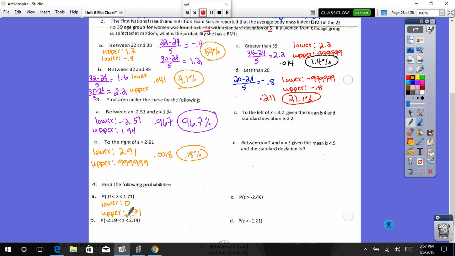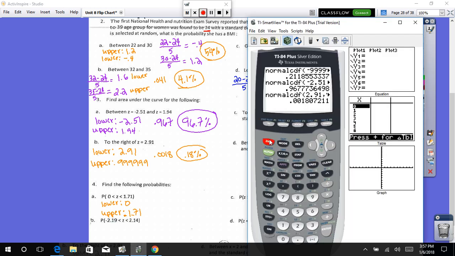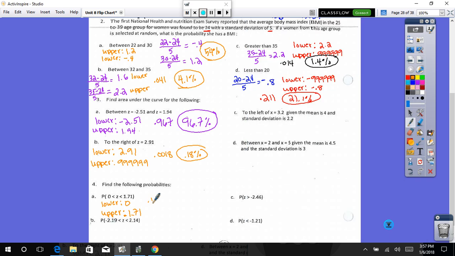The decimals got a little wonky there. .456.